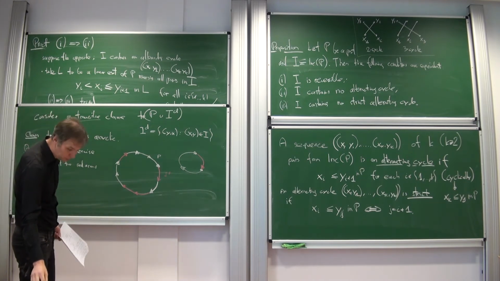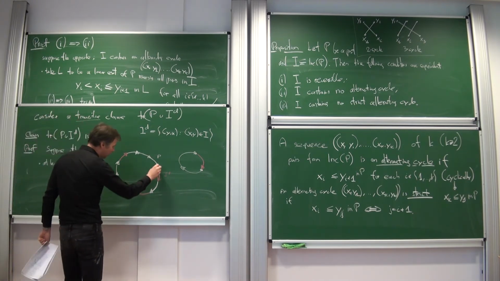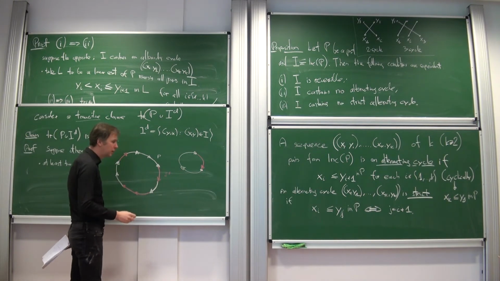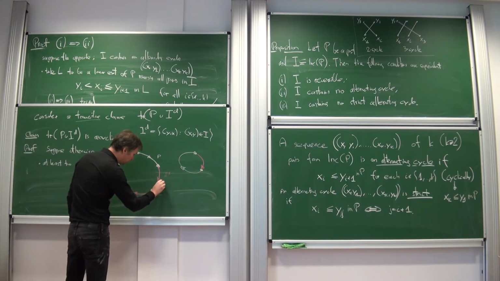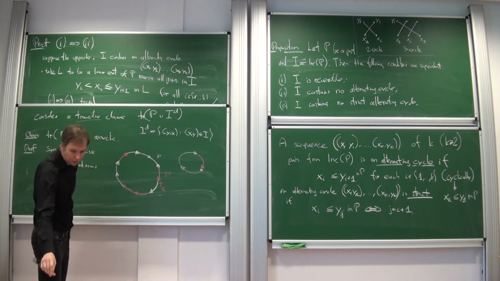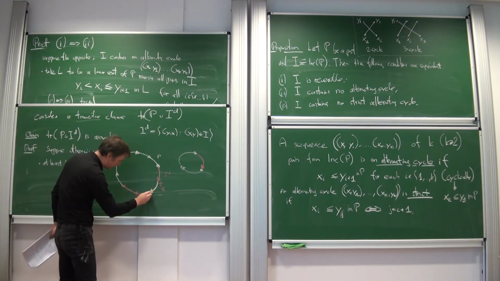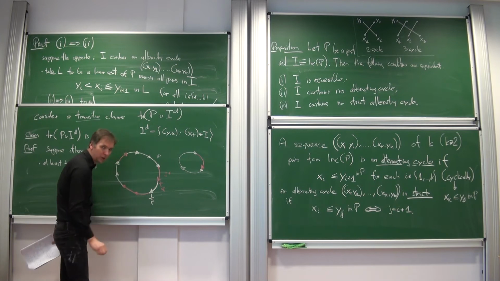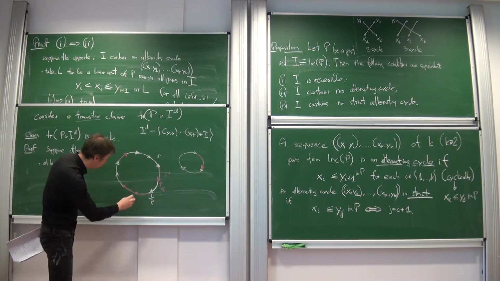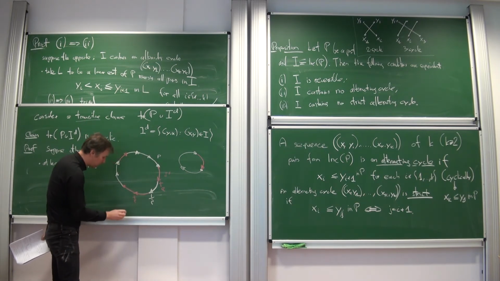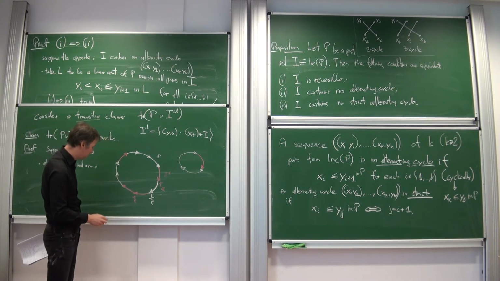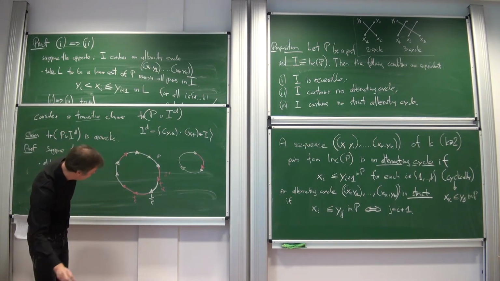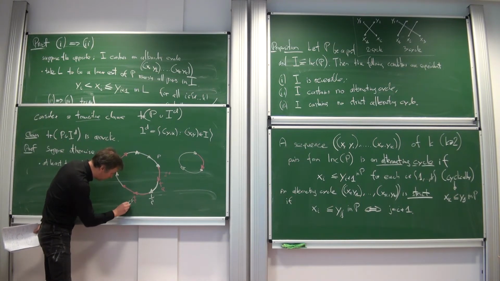Now let's have a look. What do we see? So take some red arrow and let's call this one x1. Now you go along the white arrows, and the other element we call y2. Now along the red arrow we have x2, which actually is coinciding in this case with y3.